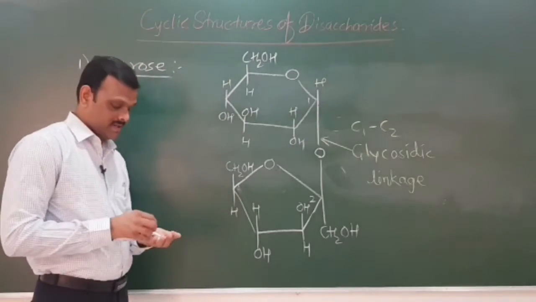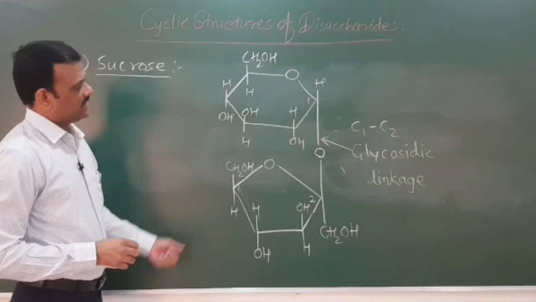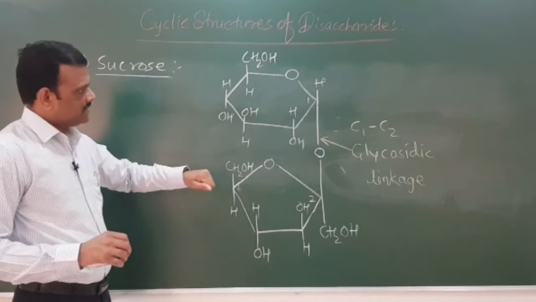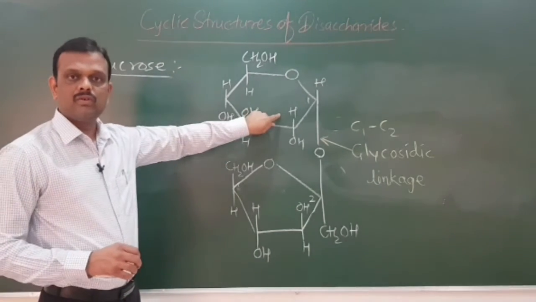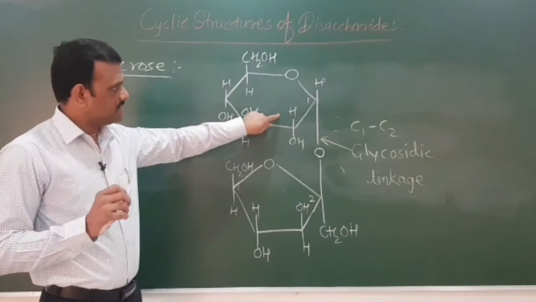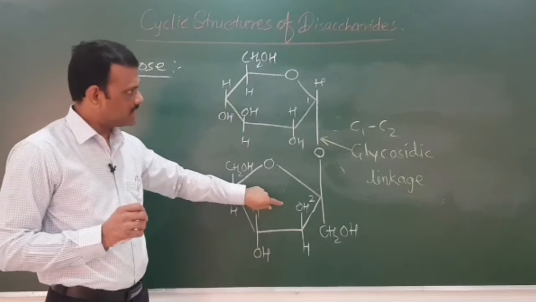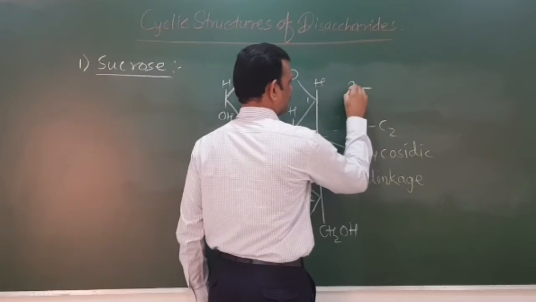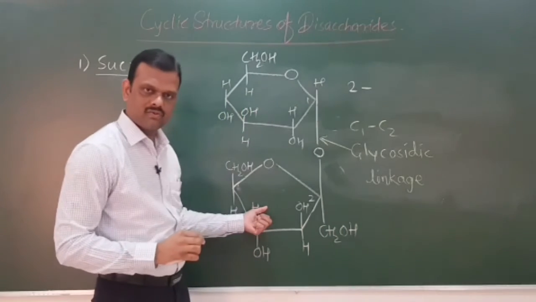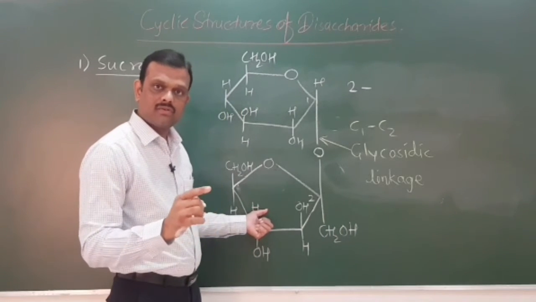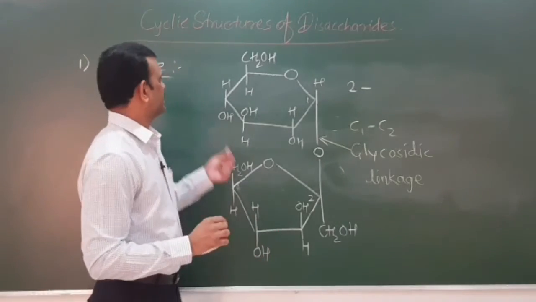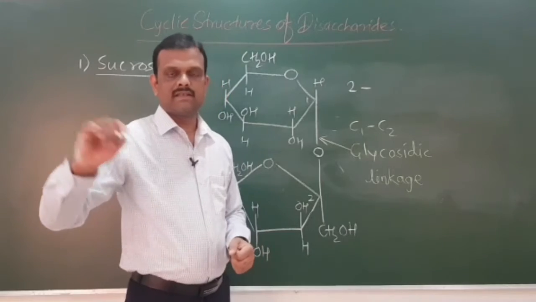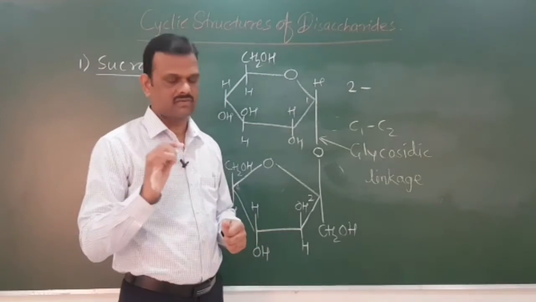Now we have to prepare its name. In the IUPAC name of sucrose, you have to mention all the things. If you are considering the glucopyranose as a parent compound, then you have to start from this fructose. On second position there is a fructose, therefore 2 dash. On second position beta D fructofuranose is present. As sucrose is a non-reducing sugar, you cannot use the O's as a final word.